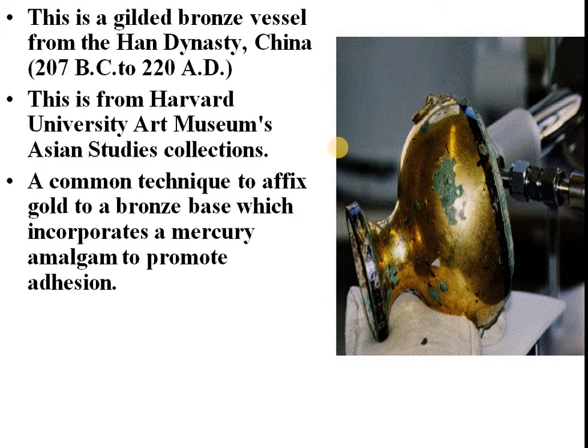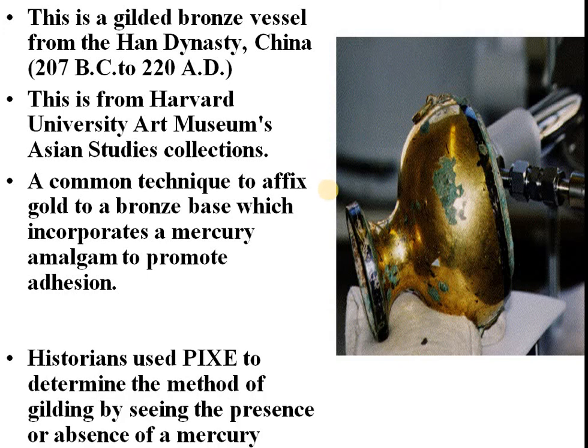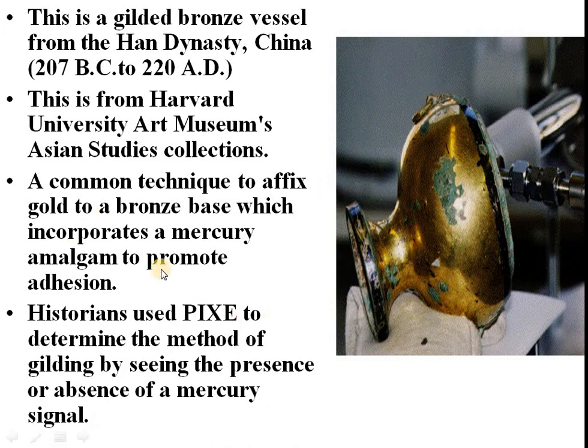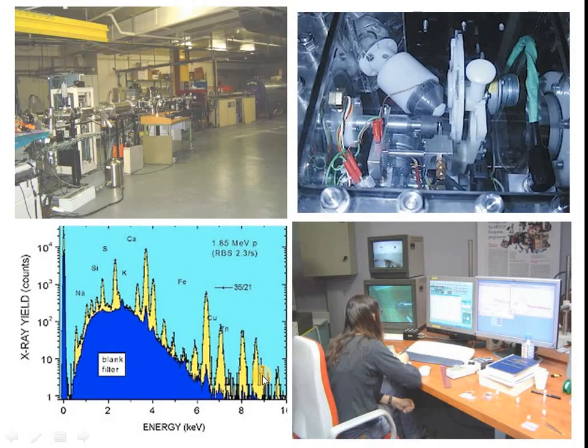Gold coating was done using silver amalgam. It's a great exploration. So students usually customarily use PIXE for identifying many elements present in specimens of archaeological importance. Okay. So these are all typical glimpses of PIXE procedure done in different labs across the world.